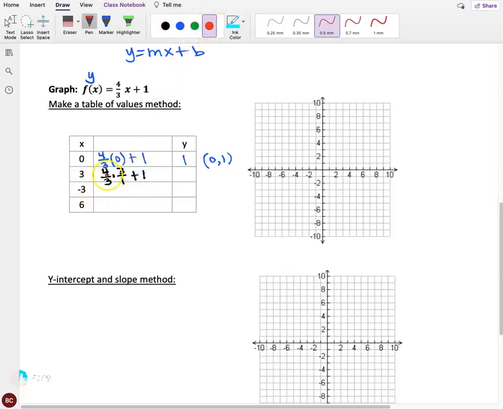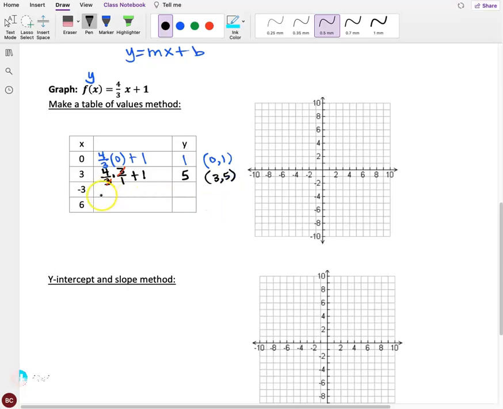Notice that these are connected by multiplication, and when I have the same number on the top and bottom connected by multiplication, I can divide those out. So I'm really just left with 4 on this part. So I have 4 plus 1 gives me 5. So my next point is (3, 5).